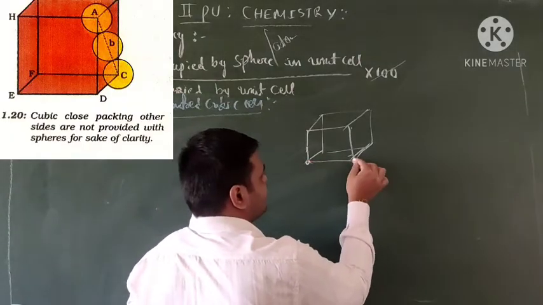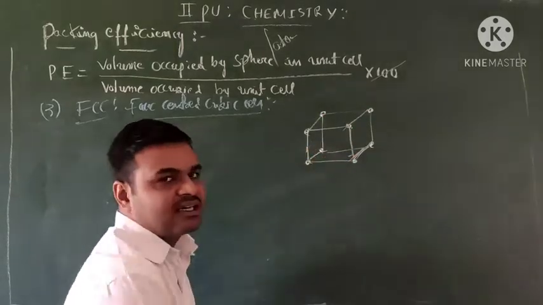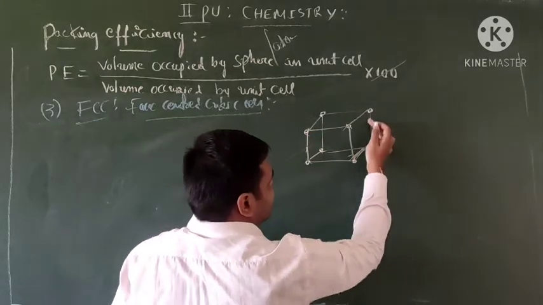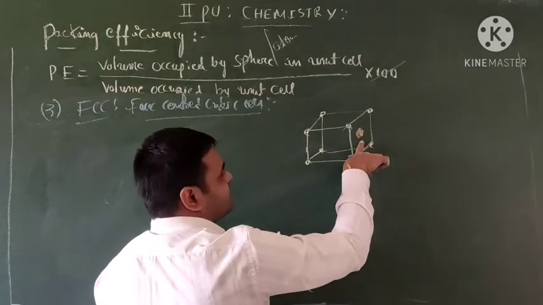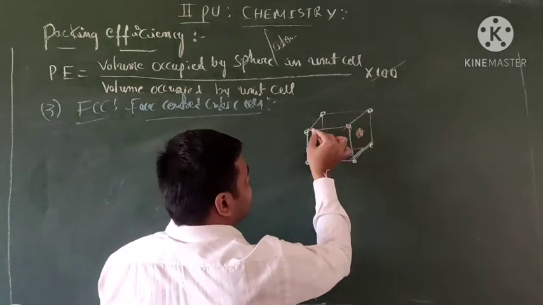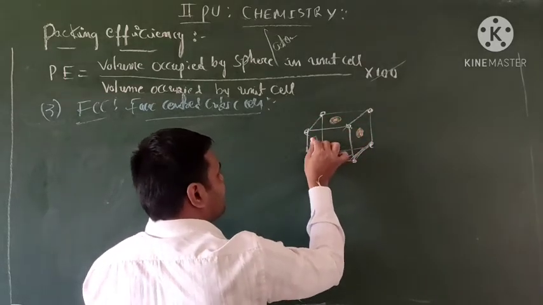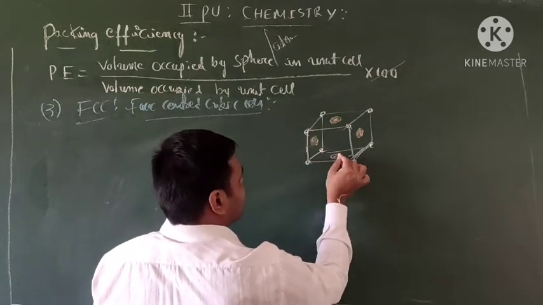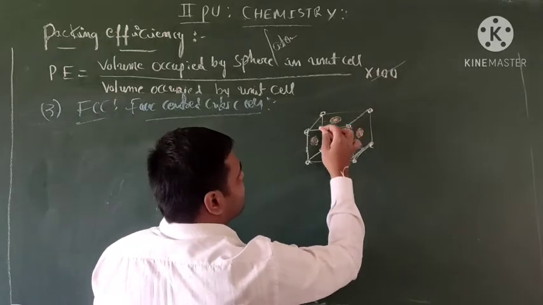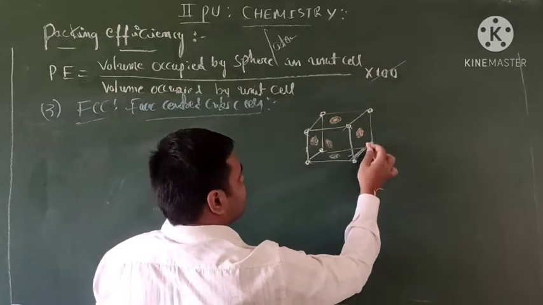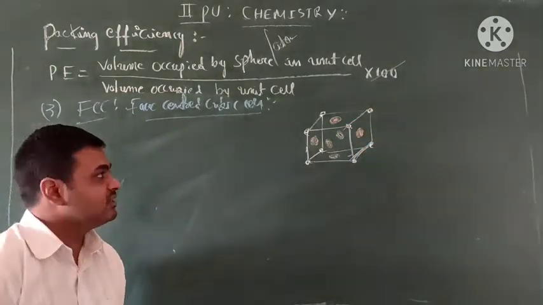So 1, 2, 3, 4, 5, 6, 7, 8 are all the corners, and the remaining ones are on the faces. One atom is present on one face, one particle. Another face has one more, and this is the overall front face, considered one, and this is the back, and the remaining of the back. This is called FCC, face centered cubic cell.